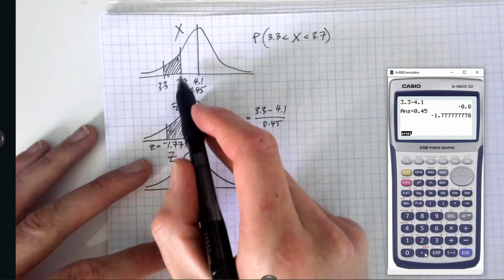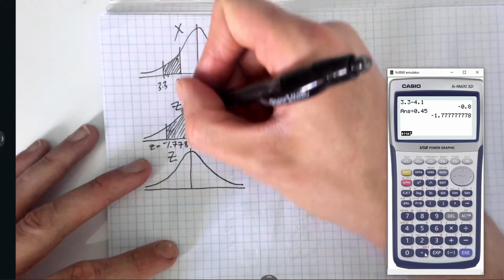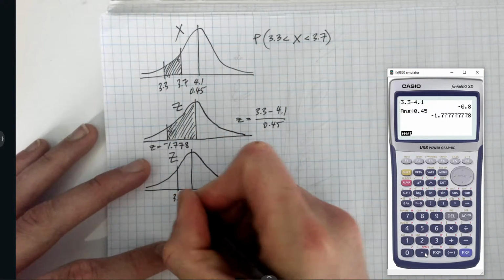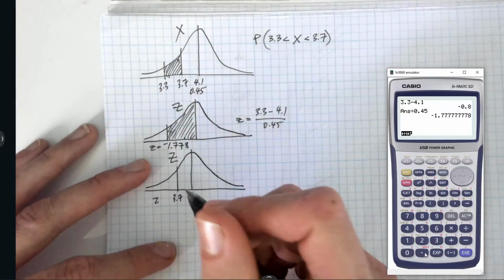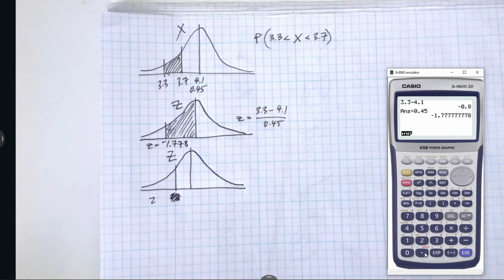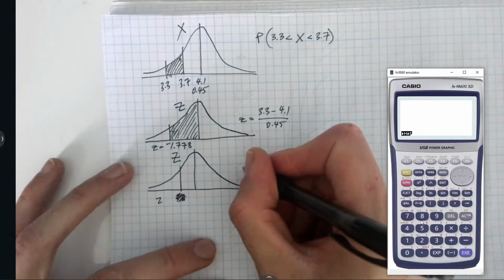Then the next one we're going to do is the 3.7. Dang it, this is the mistake that I had to move to a book for in the first place. Okay, let's find the Z value.